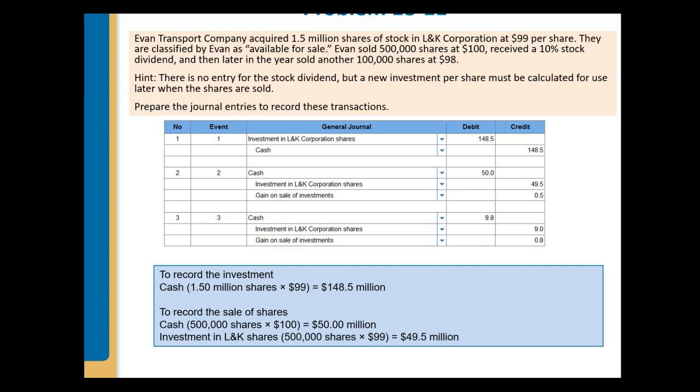Then, when they sold another 100,000 shares for 98, we're going to show the cash of 9.8, the investment in L&K Corporation shares of 9, and the gain on the sale of investments for 0.8.